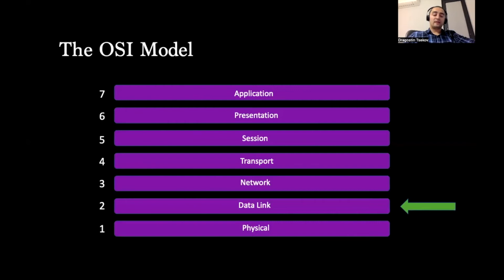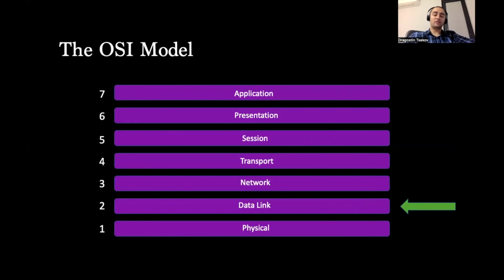On the data link layer, here is, for example, where the switching happens. Most of the switches, and you already know what a switch is, right? It's a networking device that usually has a lot of ports, and the switching process usually happens on that particular layer. Now, there are two sub-layers here that you need to be aware of.